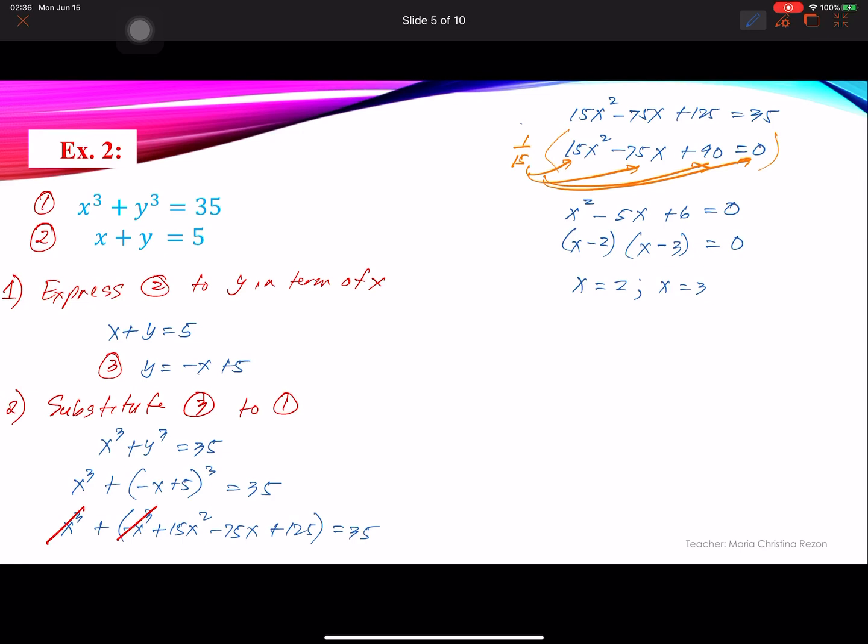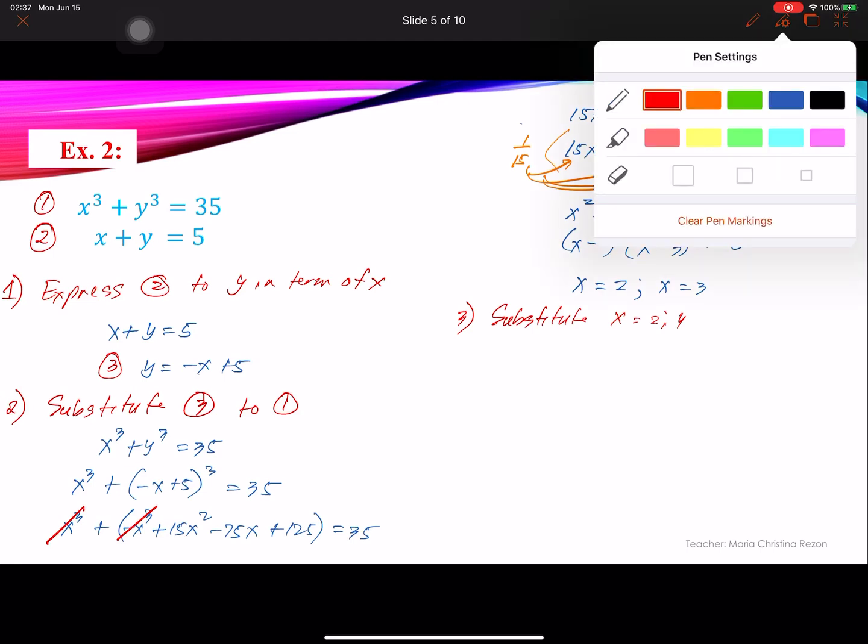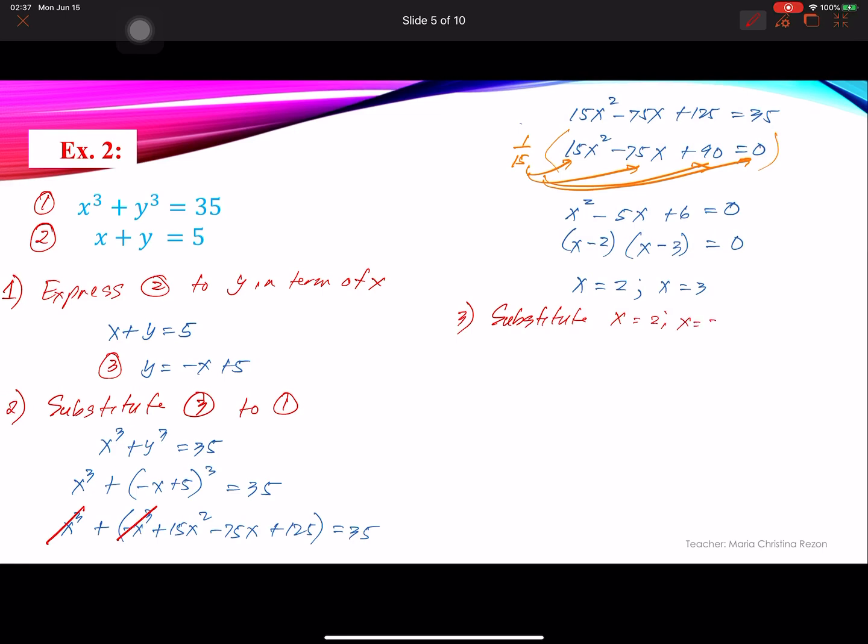Now, with these answers here, the third step is to substitute x is equal to 2 and x is equal to 3 to the equation that we did not use yet, so that is equation 2. So we will have x plus y equals 5.